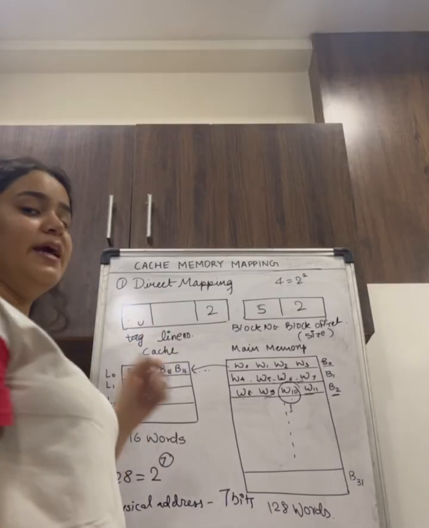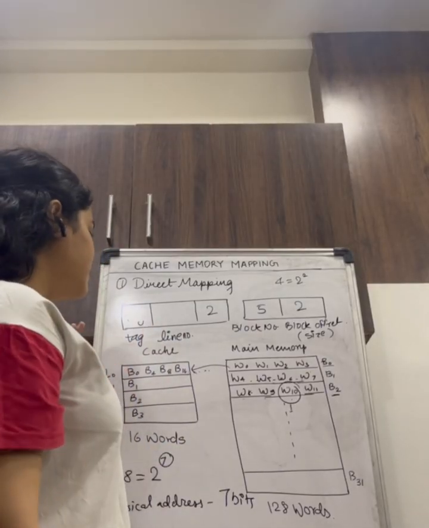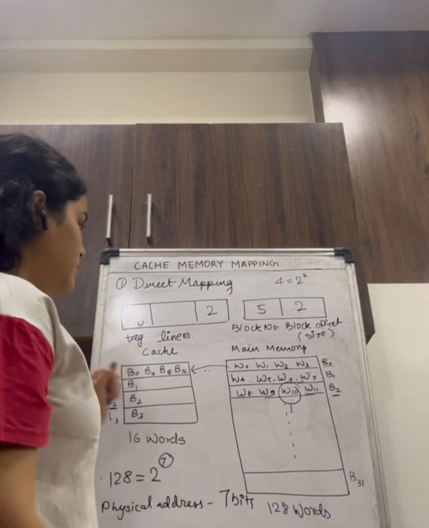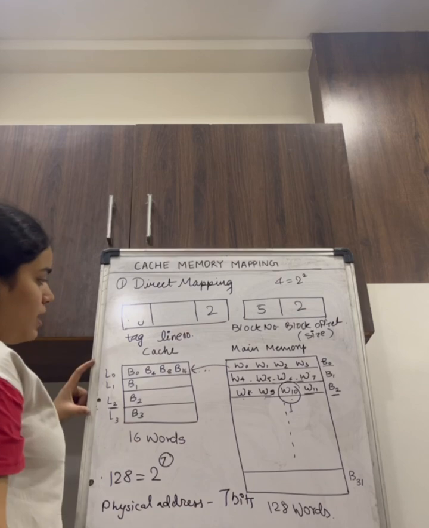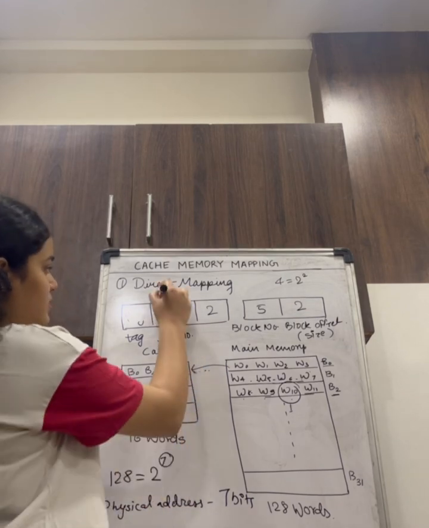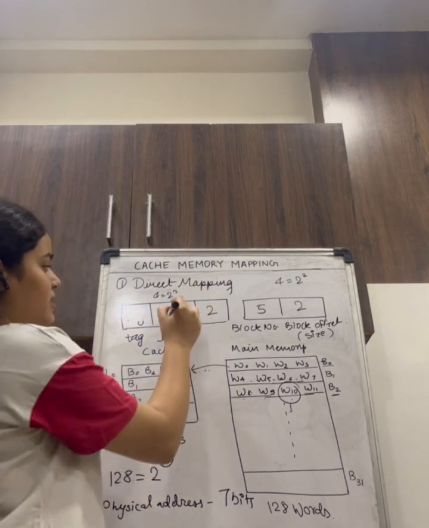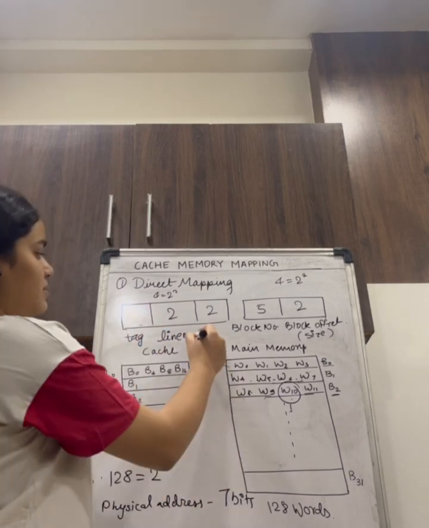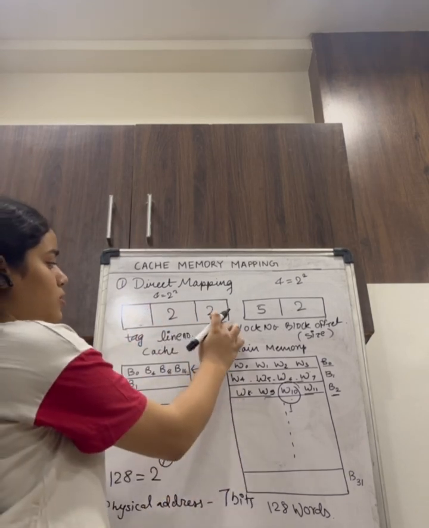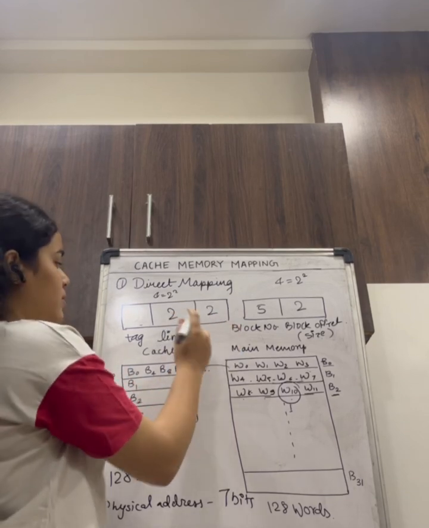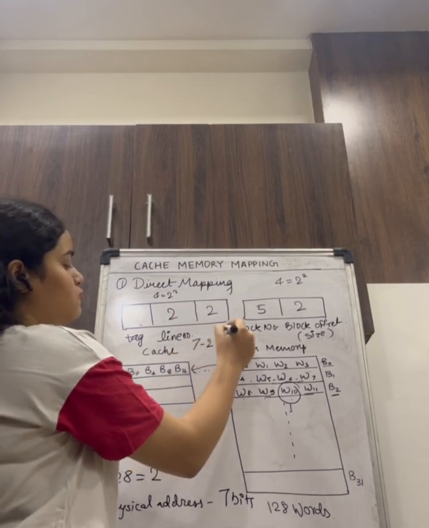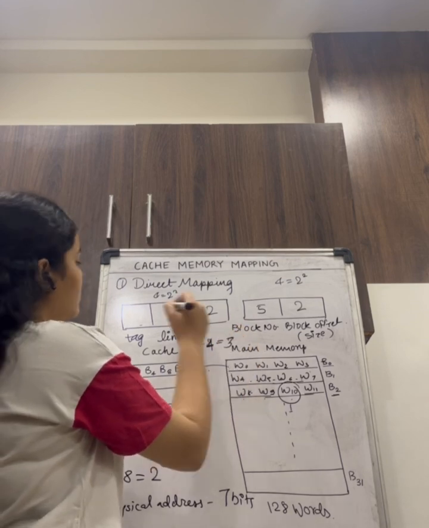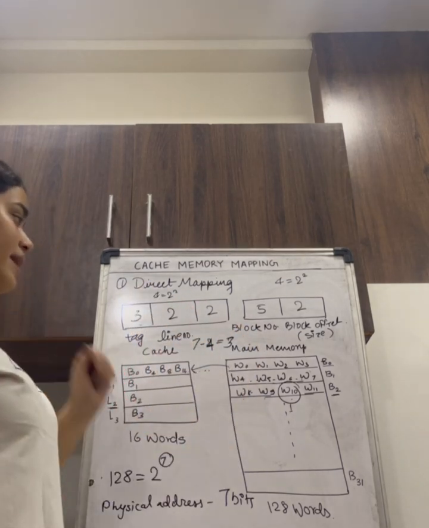The line number represents the line in the cache and the tag represents which block from the line is our address. So here we have 4 lines in our cache, which is equal to 2 to the power 2. So line number is 2 bits. Now the total physical address is 7 bits, and we have 2 bits in offset and 2 in line number. So 7 minus 4 is 3. So we have 3 as our tag.